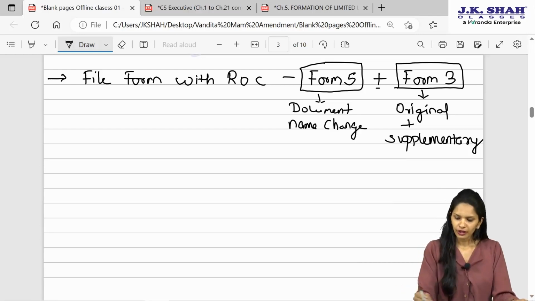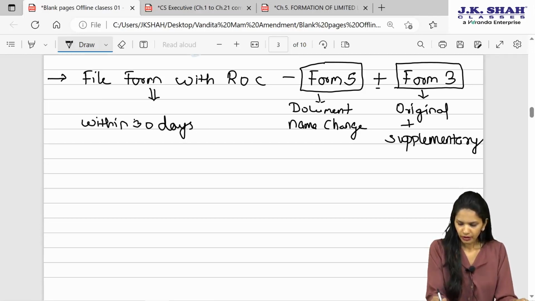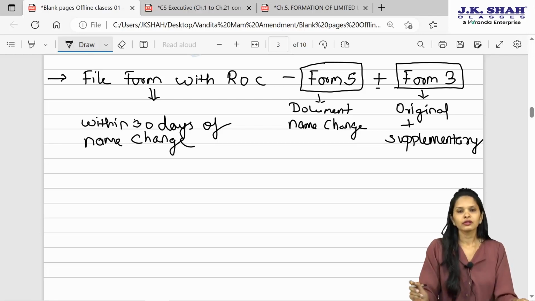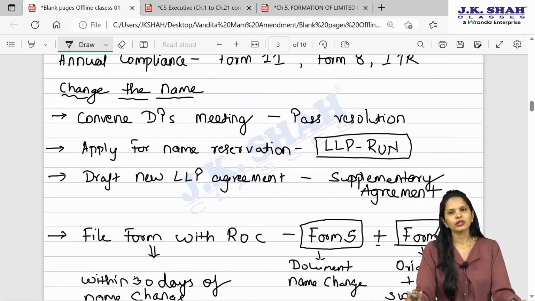So this is how we do it, and both of these forms we have to file within 30 days of your name change. I hope everyone has understood this. Clear? Okay, so this is how we write the procedure.